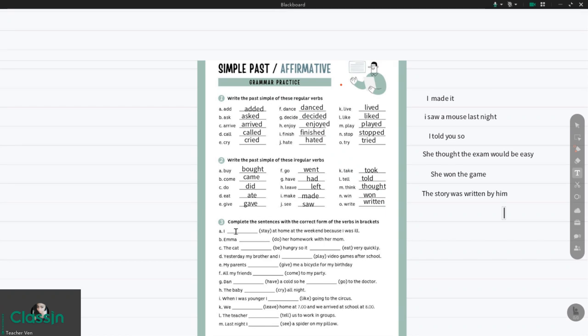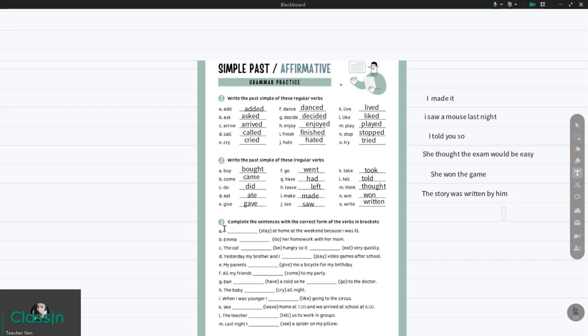Again, complete the sentences with the correct form of the verb in brackets. Okay, let's analyze this one by one and figure out how to fill in the correct form of the verb.